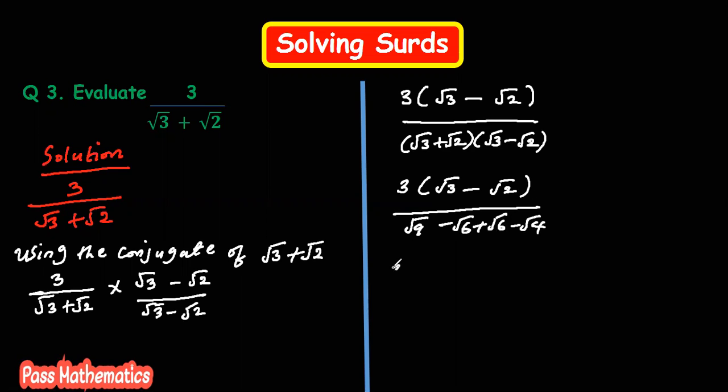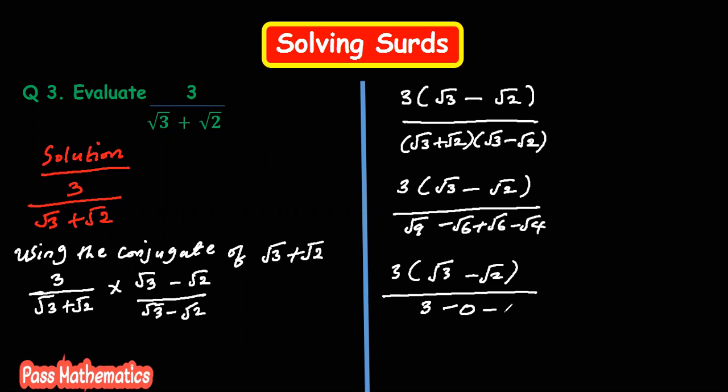All right, so we have this. So root 3 minus root 2, isn't it? In brackets, divided by root 9 is 3, yes. Then minus root 6 plus root 6, this will be 0. If you want to write it, you need to write this. Let me just write it. Okay, right?